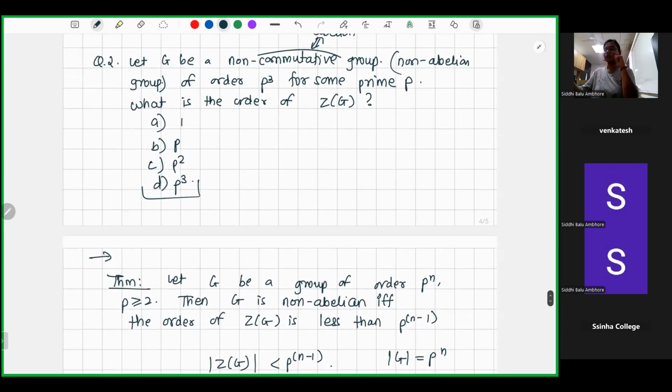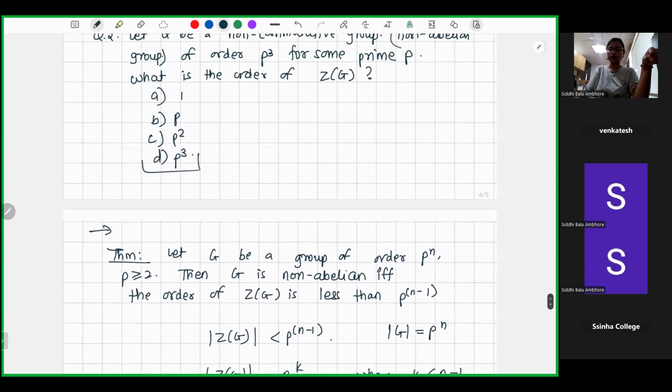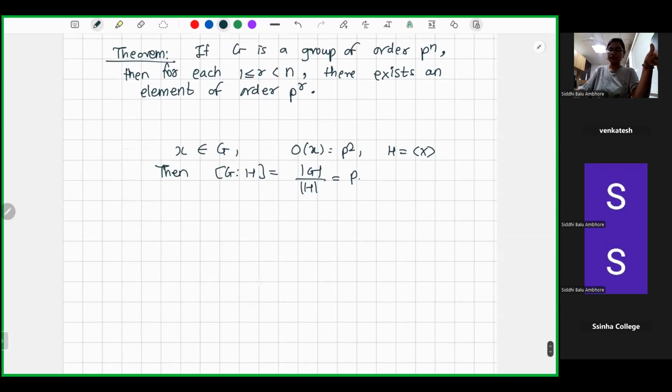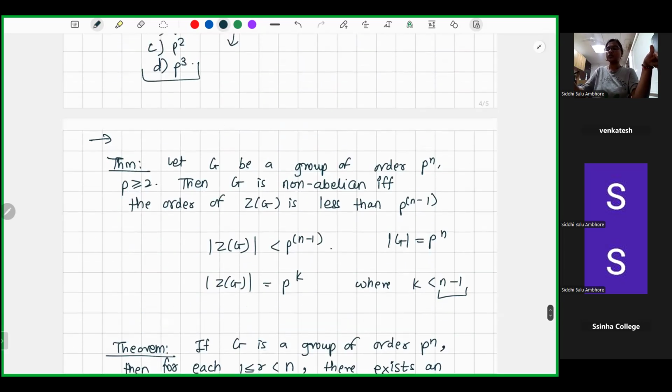So every group of order P power n has a center of order P at least. I hope you all know that. And using that, we can conclude that the options will be either P or P square. It will be among these. And using this theorem, we can say that G is a non-abelian group if and only if the order of Z(G) is less than P power n minus 1.